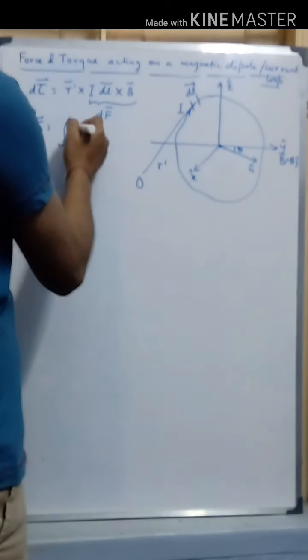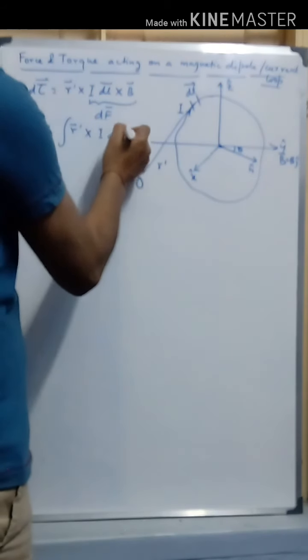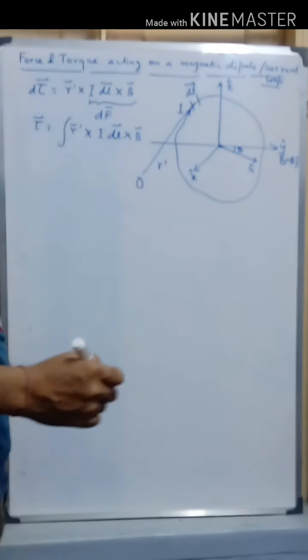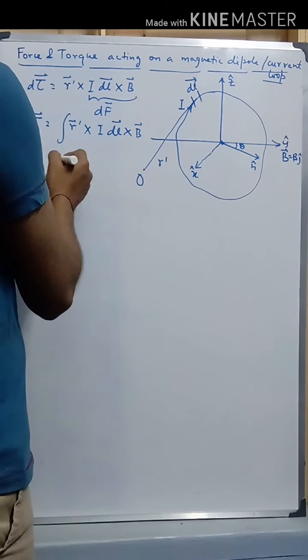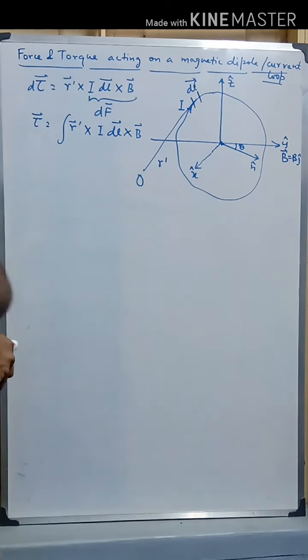That would be equal to r prime cross I dl cross B. We will try to see what the value of this is.